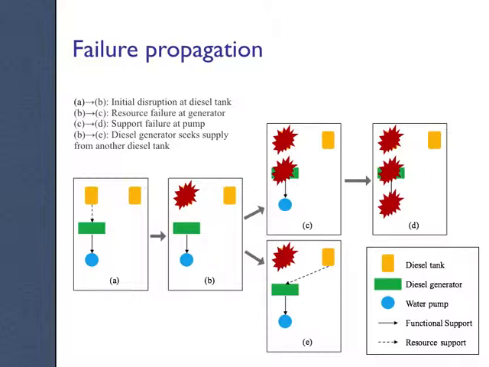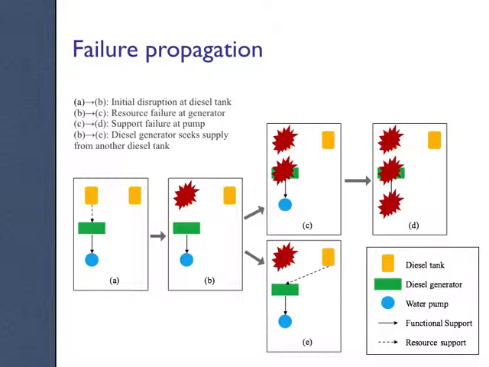There's a variety of different systems. It very quickly becomes impossible to reason about the true effect of a failure when the system becomes complex. And it doesn't actually take very much complexity to get to that point. That's why we model things using a computer. Okay, so that's the importance of failure propagations.